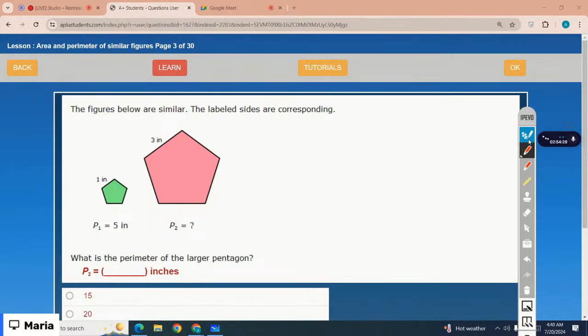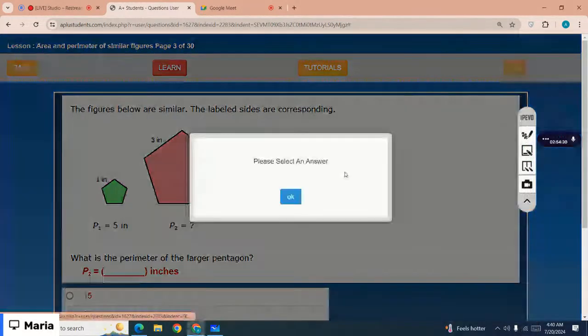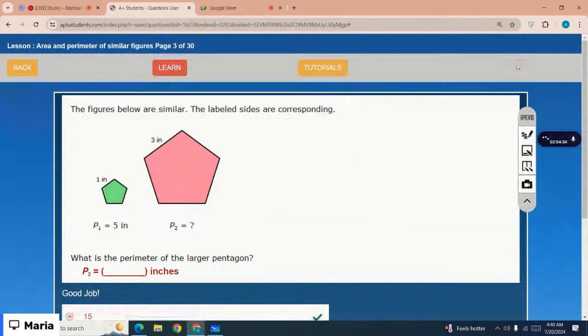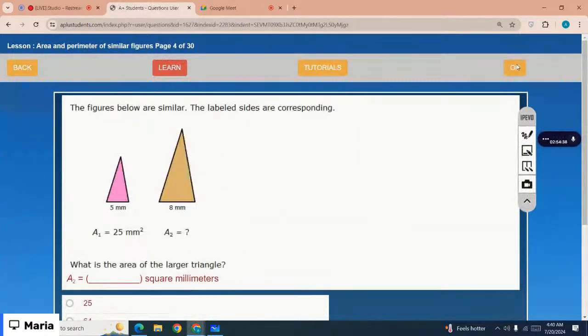Okay, the next one is, the figures below are similar. The labeled sides are corresponding. What is the area of the larger triangle? So, which is the correct option?